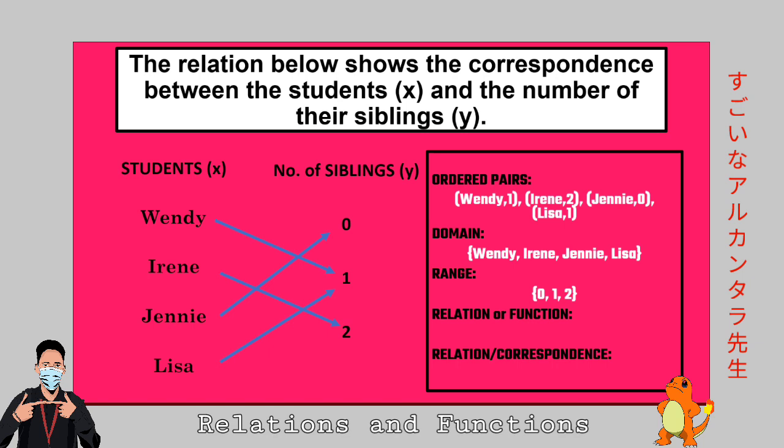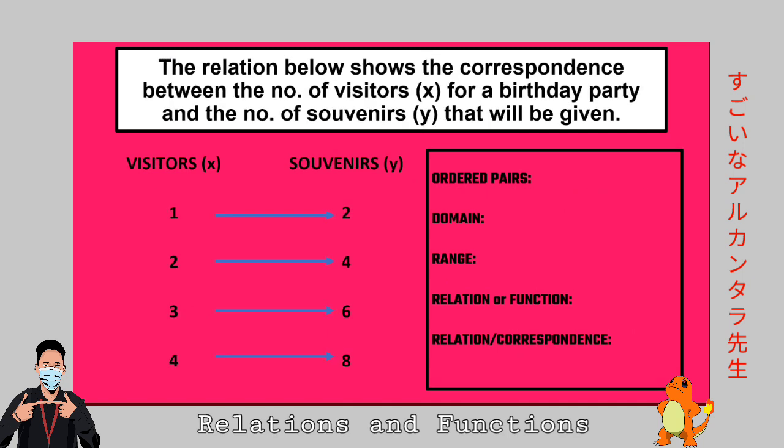This right here is actually a what? A function. And it's because the correspondence is many to one. Why is it many to one? Irene is 1-to-1 to 2. Jenny is 1-to-1 with 0. But again, we also have the example of Wendy and Lisa corresponding to 1. So that's many to 1. Okay? So that's how it works.